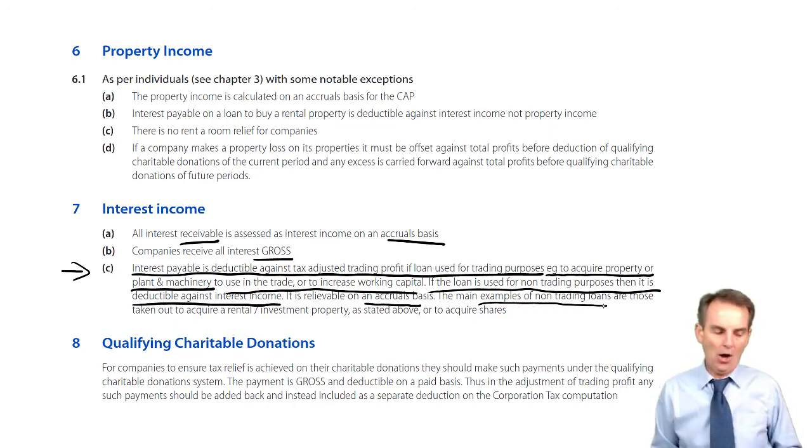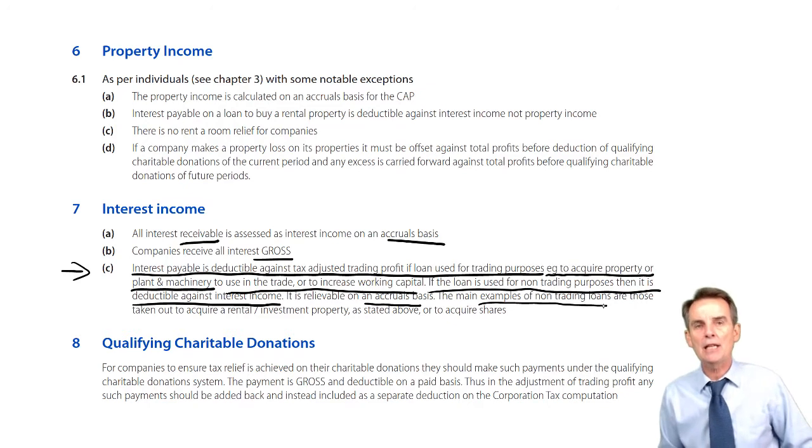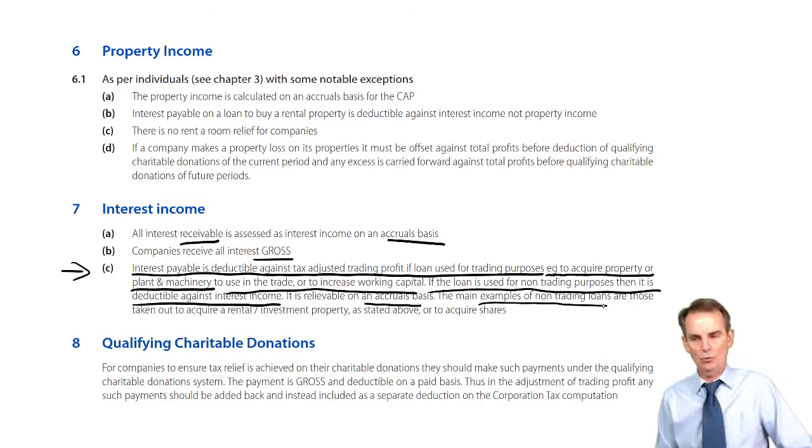It's referred to as part of the non-trading loan relationship rules, a term you have to be familiar with at P6 but not here. Non-trading loan relationship rules say the interest income assessment for the company for the chargeable accounting period is made up of interest receivable less interest payable on non-trading loans.